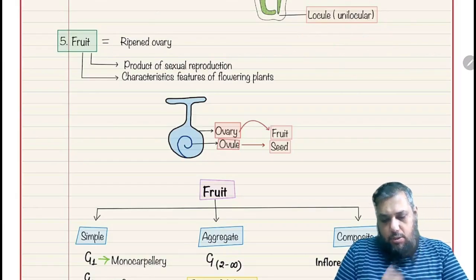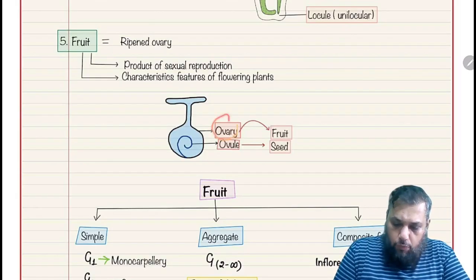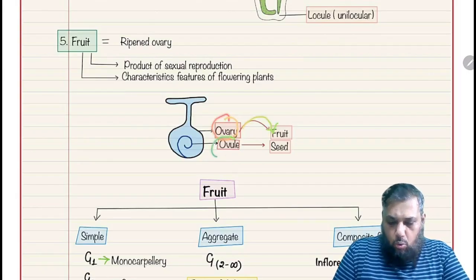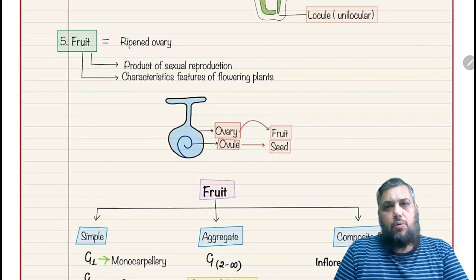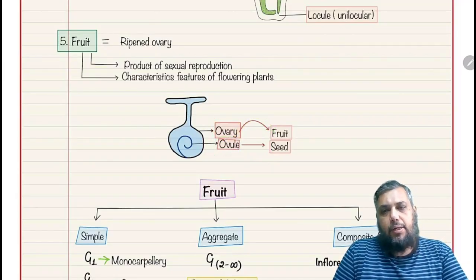After double fertilization, it is the ovary that results in the formation of the fruit, and the ovule results in the formation of the seed. So that is why we say that the fruit is a ripened ovary.